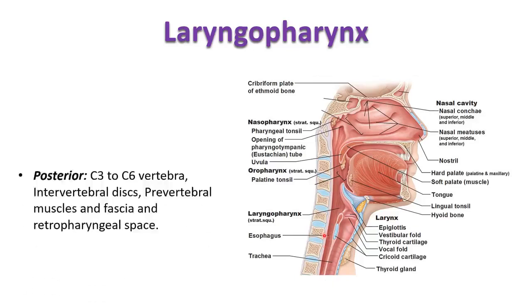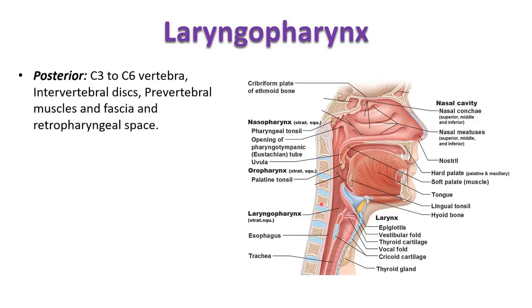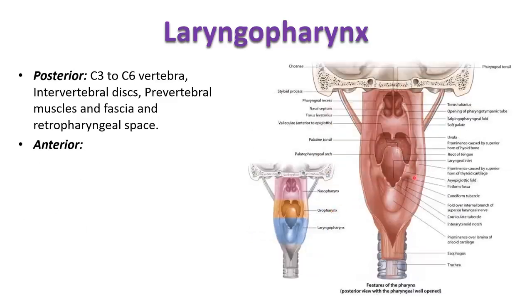Posterior relations I have already enumerated: the vertebrae, intervertebral disc, followed by the prevertebral muscles, which are again covered by a prevertebral layer of fascia. Between the posterior wall of the pharynx and the prevertebral fascia, there is a space called the retropharyngeal space. Now coming to the anterior relations, mainly it is related to the inlet of the larynx.